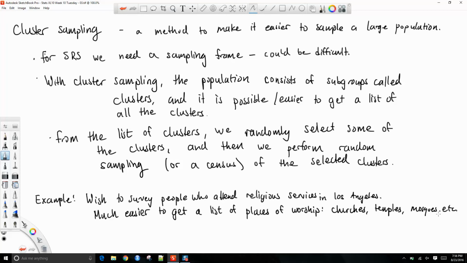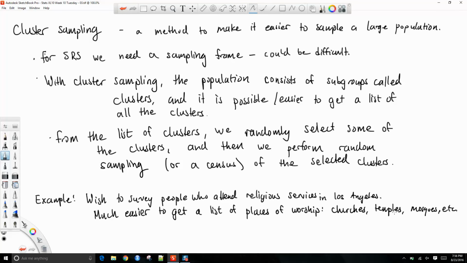Okay, and so we can get a list of all of these, and so this population naturally is kind of split into these different places of worship.